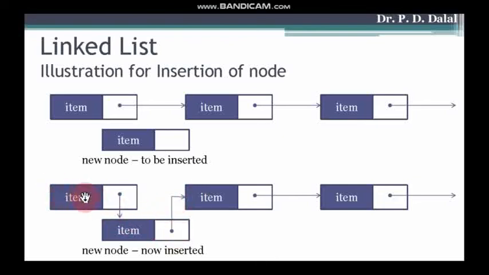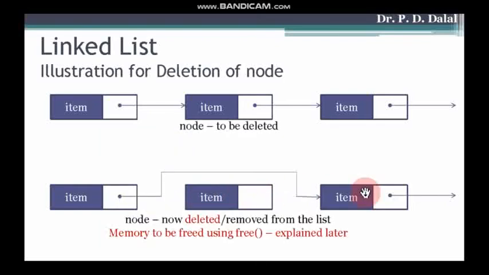So now this node is inserted in the linear linked list. Suppose you want to delete a particular node, then you can break this link and just make this link point to this node. This way you can easily delete this node.